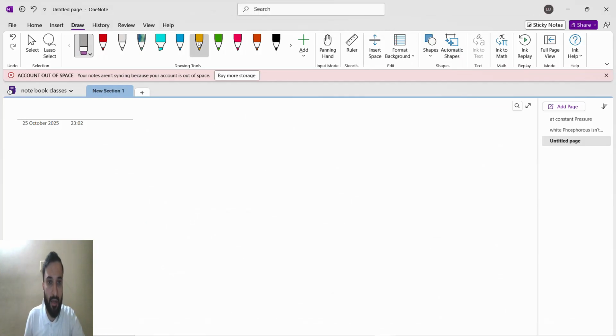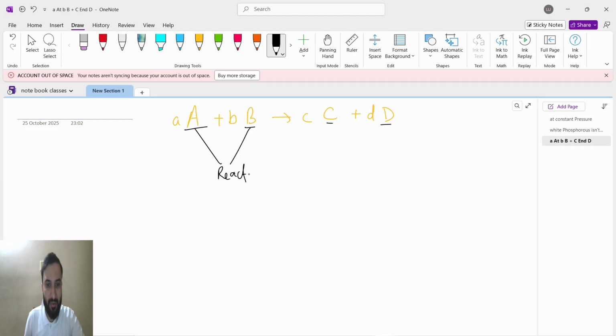Let's suppose I take A plus B gives C plus D. Capital A and capital B indicate the reactants, whatever they are, and C and D are the products we will get.